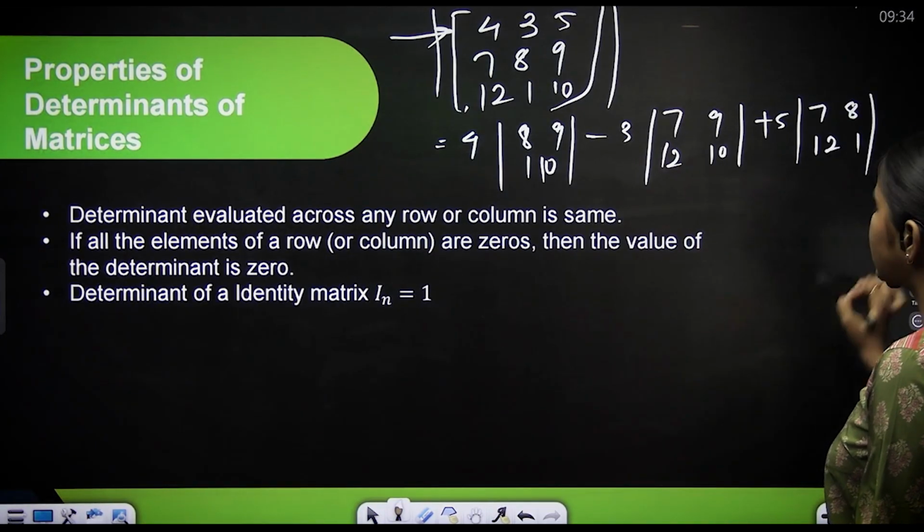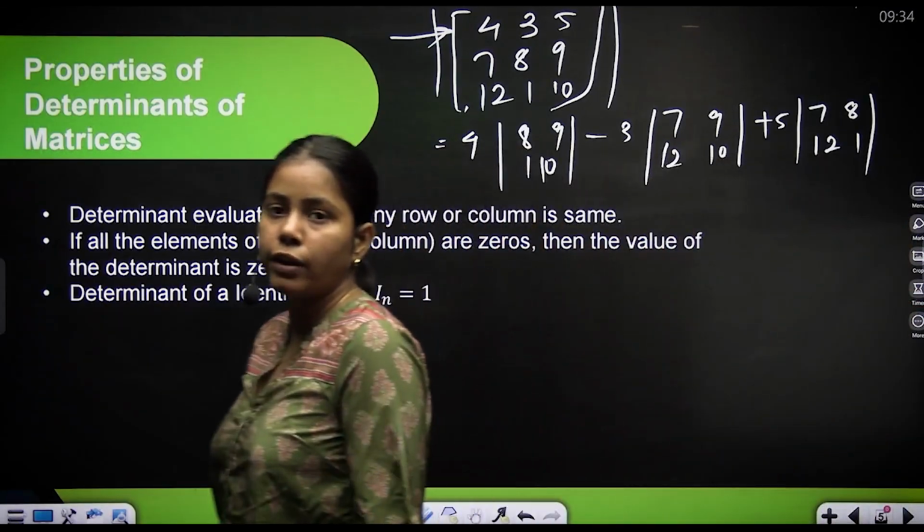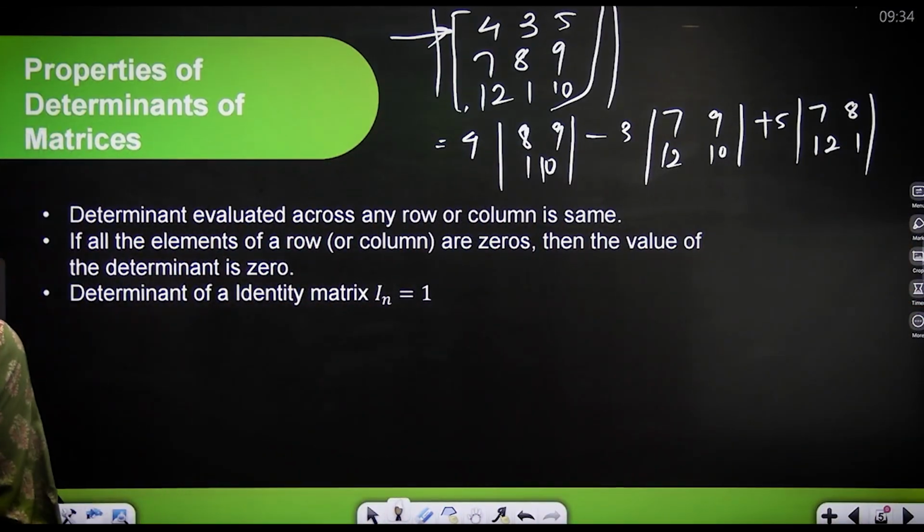Can you see how much calculation you need to do to find the determinant of order 3 cross 3? If it were a 4 cross 4 determinant, the calculation would become even more lengthy. So there's a lot of calculation required to solve this determinant.